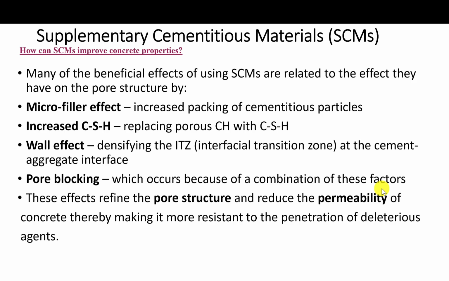So this is just a general synopsis of what they do. Of course, toward the end of this, maybe the second or the third lecture of this series of lectures, we will talk in more detail about their benefit to concrete, but this is just the general presentation.